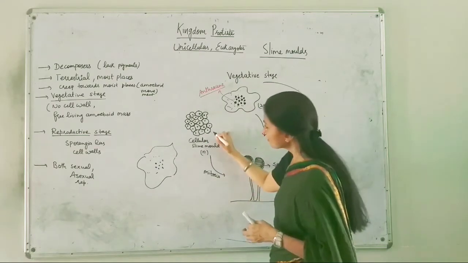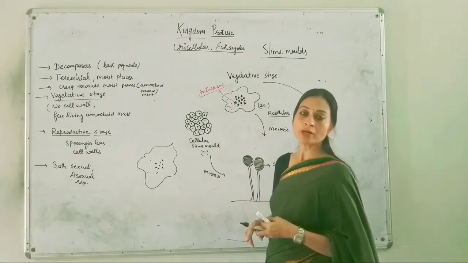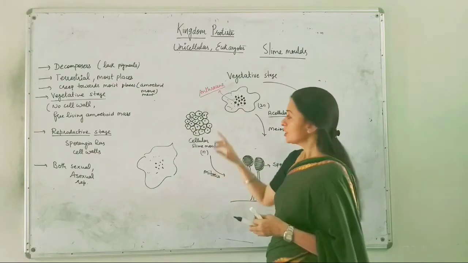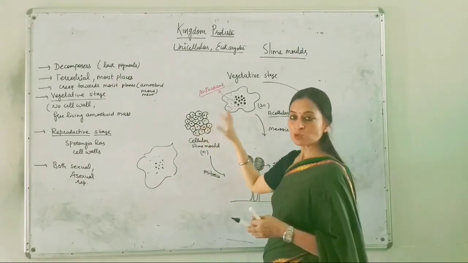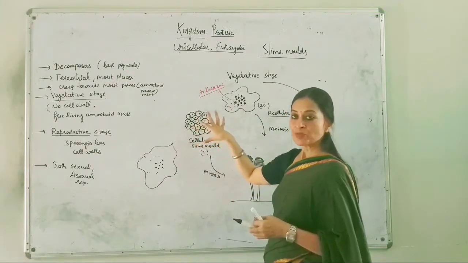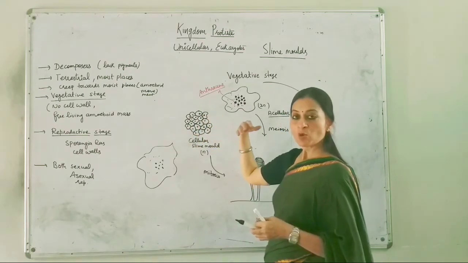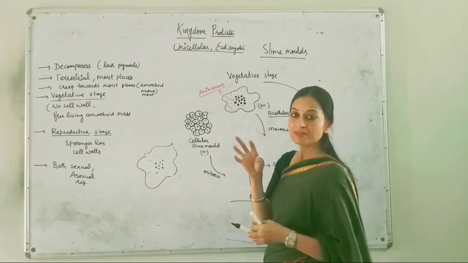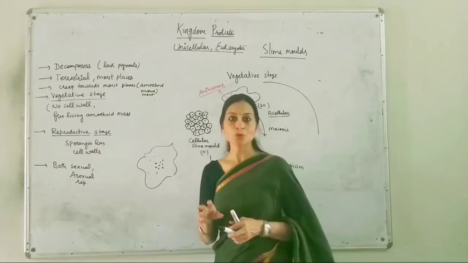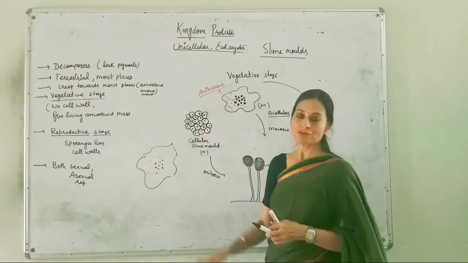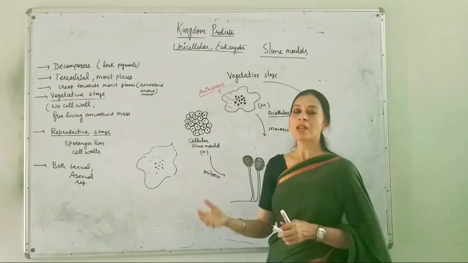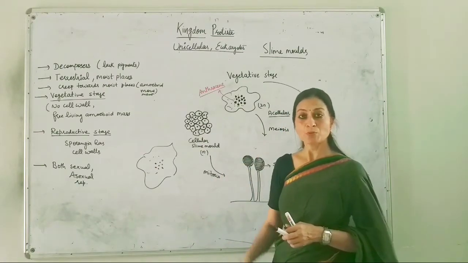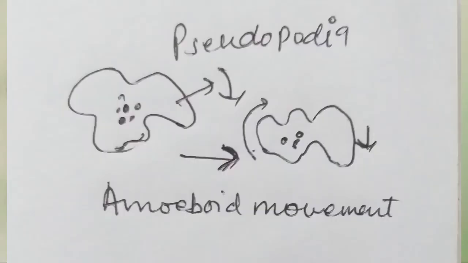So this is the type of slime mold which is called cellular slime mold. One difference between these two forms is that the cells are separate, they have their own identity, while here a number of nuclei are present in the center of the protoplasm. Both are vegetative structures. Both move with the help of amoeboid movements. Both are decomposers in nature.